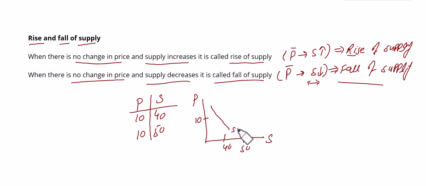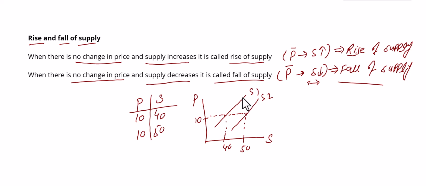We have to draw it again. At price 10, the first supply is S1 and the second supply is S2. At price 10, there are 40 units available in the market for sale, and then there are 50 units.